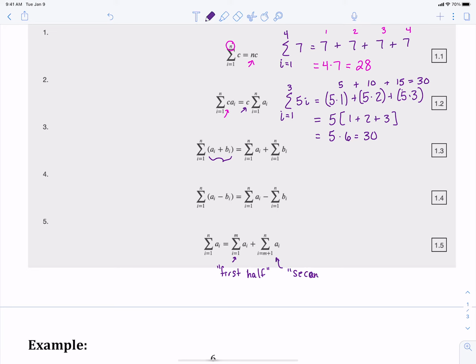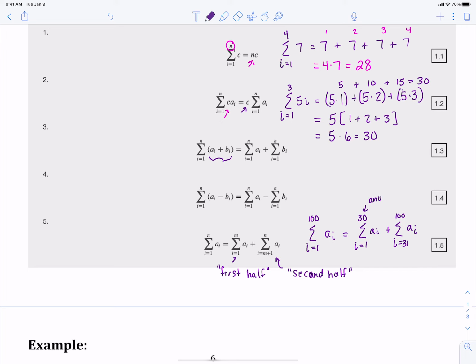This is not a trick that we're going to use often in this class. It's something that we would do if you were taking maybe Math 253, but it is something that you can do. So the idea is if you've got the sum from 1 to maybe 100 of something, you can split this up and go from 1 to whatever number we want to end at here.